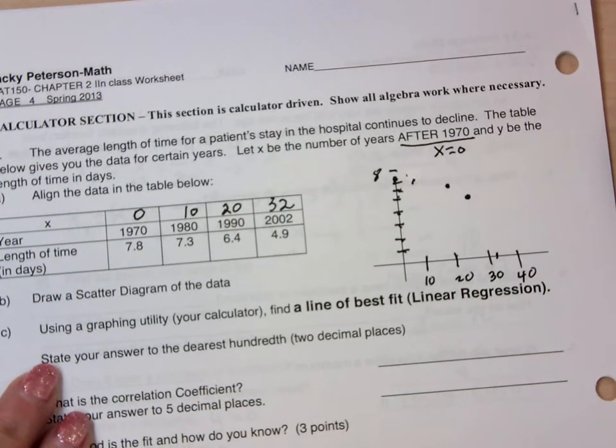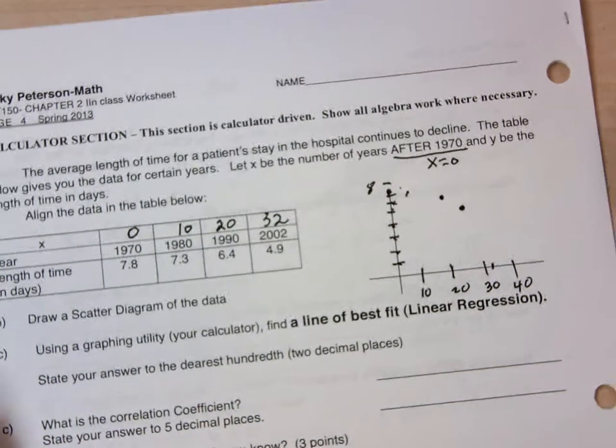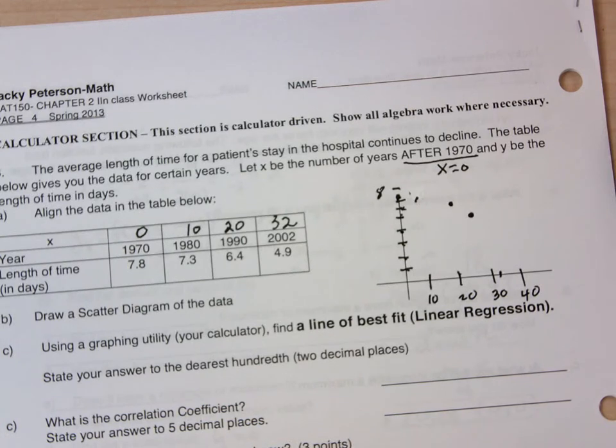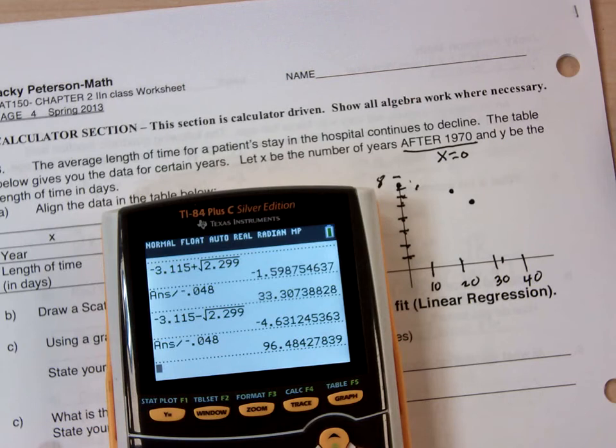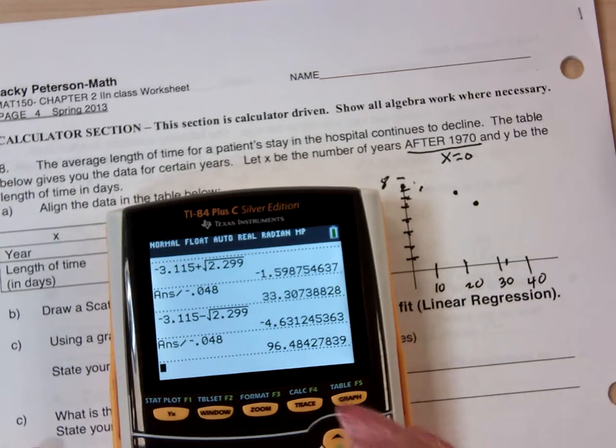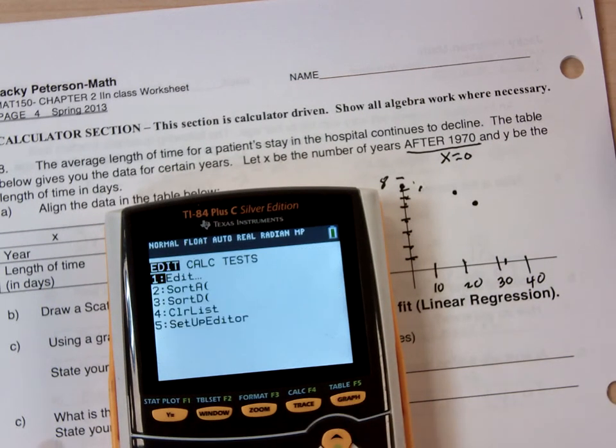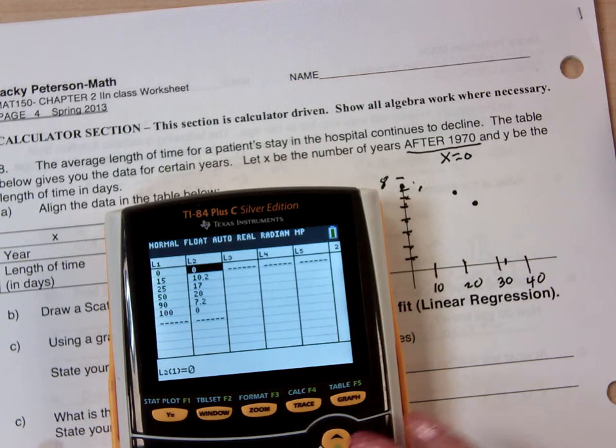Use your graphing calculator to find a line of best fit. So I'm going to take my calculator and go to Stat, Edit, and now I need to put in my data: 0, 10, 20, 32.